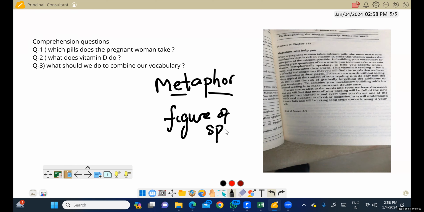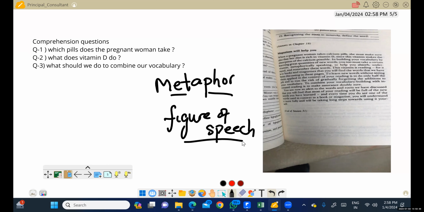Figure of speech. What does it mean? क्या बताता है metaphor? Yes, Himangi? Sir, metaphor is a poetic device which is used to compare things. When you say things, now, here, what is it comparing?